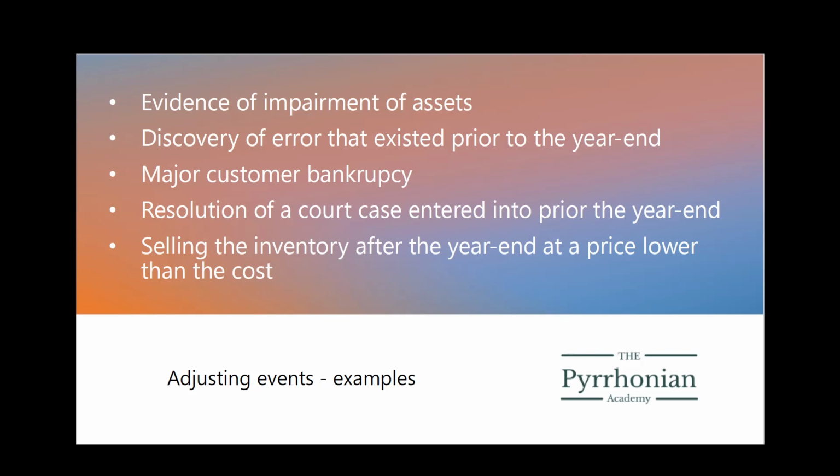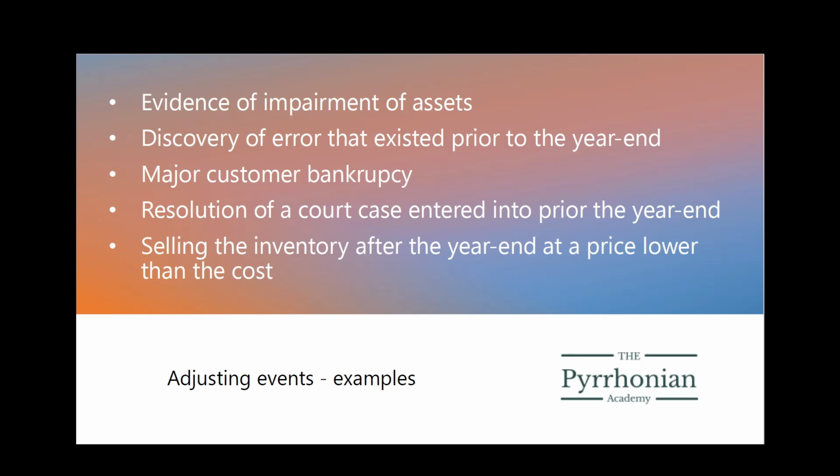If after the reporting date there is evidence that your assets should be impaired, it probably implies that at the reporting date the value of your assets was lower than presented in the financial statements. So these financial statements should be adjusted in relation to this impairment.